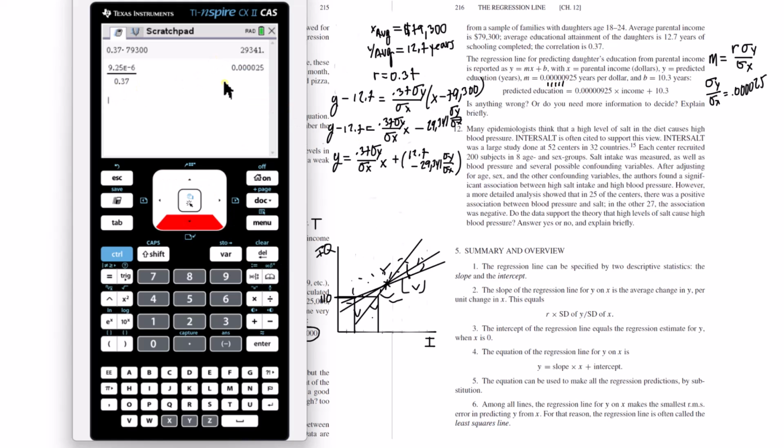We just did that, right? But it's really more about, does it match up with what the y-intercept is supposed to be? This is the y-intercept, so you multiply that by minus 29,341 and get that. Now do 12.7 plus that.